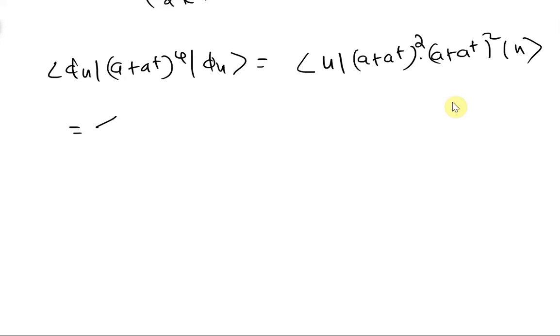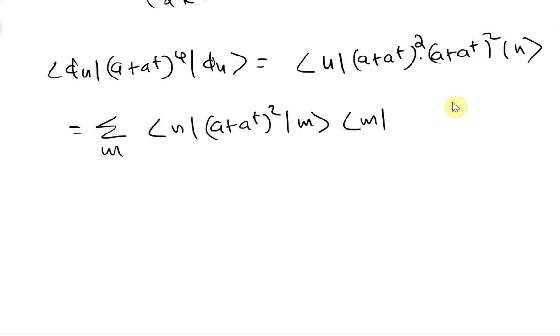So one sigma factor will be there, running over m, and ⟨n|(a + a†)^2|m⟩ is there, where the variable over which my state is changing is m, and then ⟨m|(a + a†)^2|n⟩.